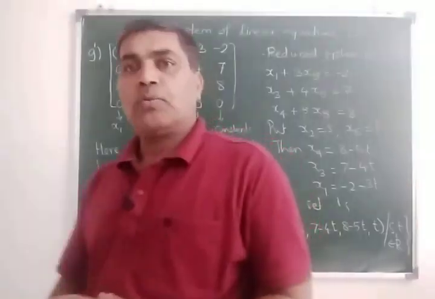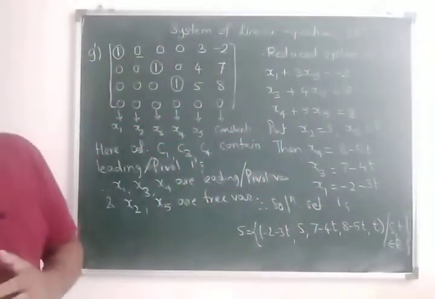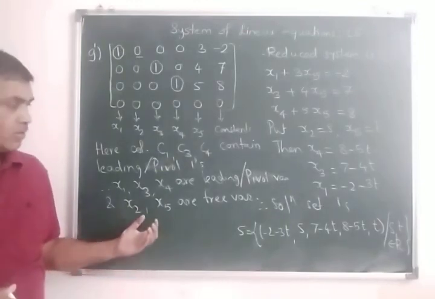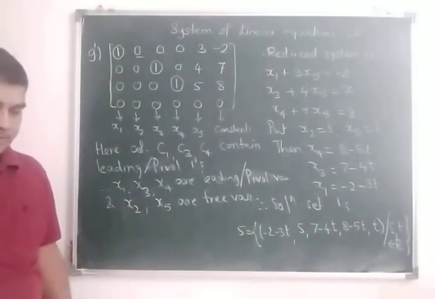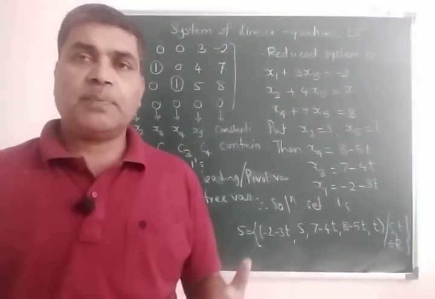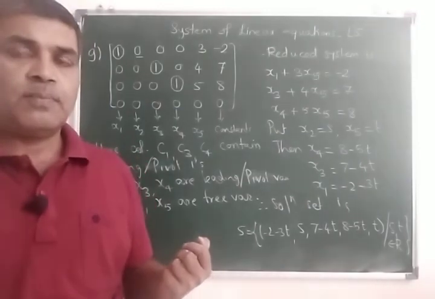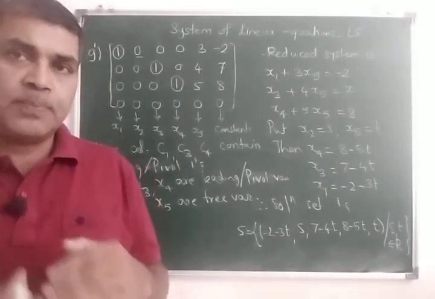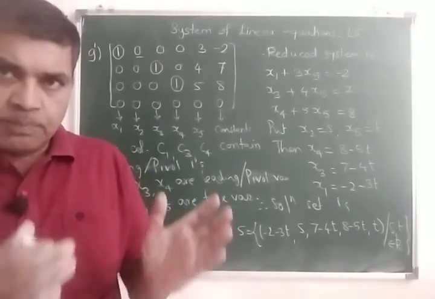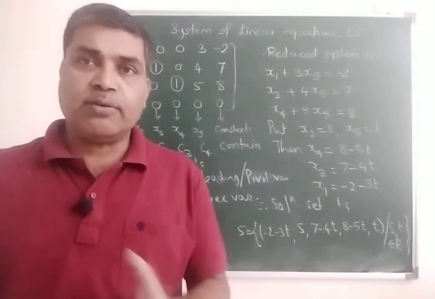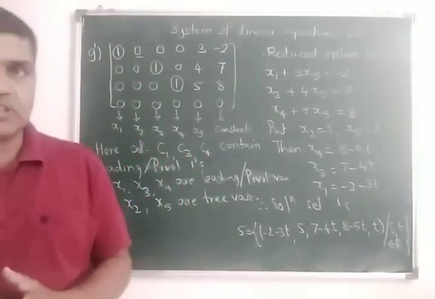So row echelon form and row reduced echelon form play a very important role in solving systems of equations. From row echelon form, the number of non-zero rows for row echelon form of A gives us rank of matrix A. Number of non-zero rows for the complete augmented matrix AB gives us rank of AB. If rank A equals rank AB, then system is consistent.